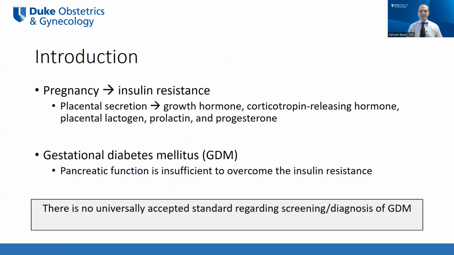Because of this insulin resistance, you ultimately develop gestational diabetes because pancreatic function is insufficient to overcome this insulin resistance from the placenta itself. It's been advocated by many organizations to screen for gestational diabetes, but ultimately there is no universally accepted standard regarding the screening and diagnosis of gestational diabetes.